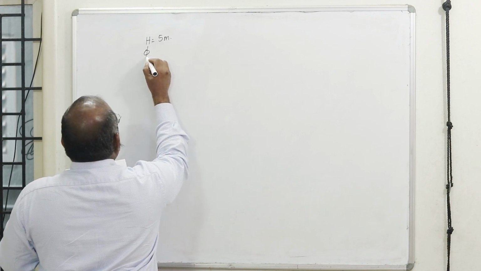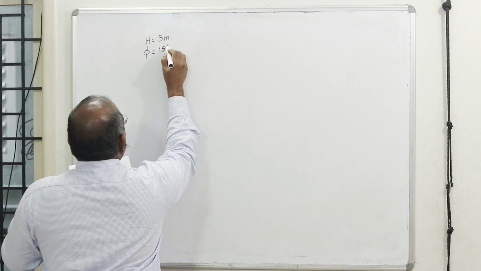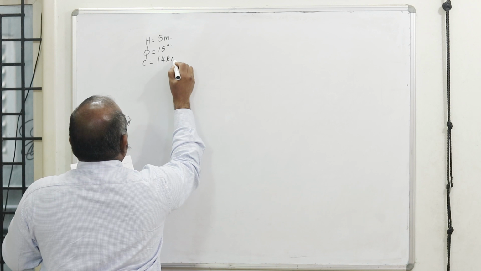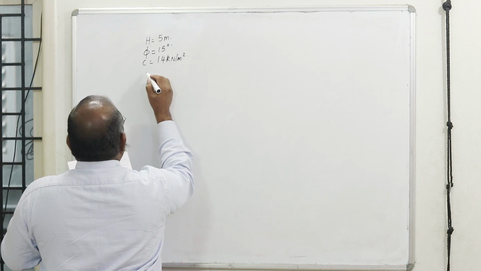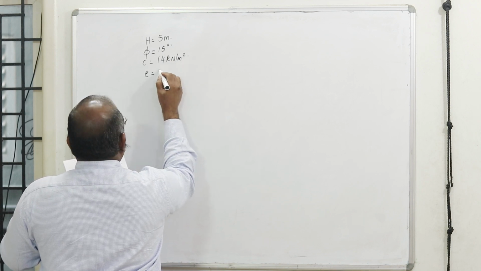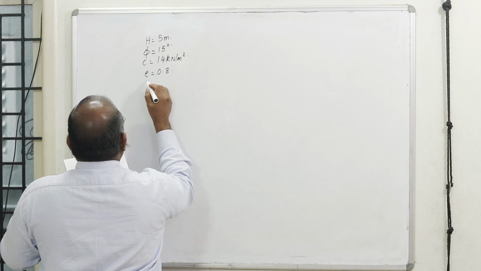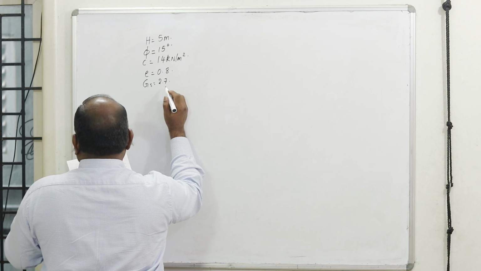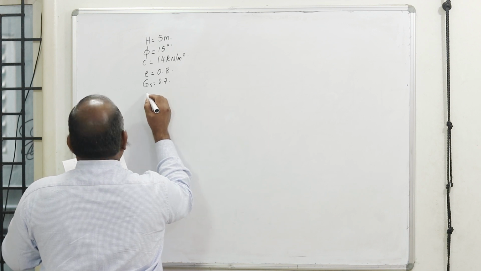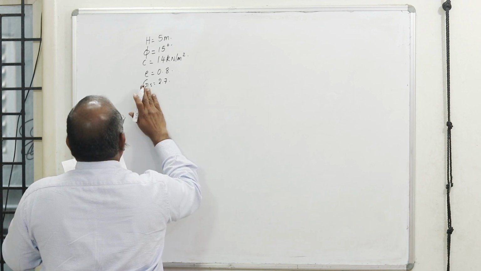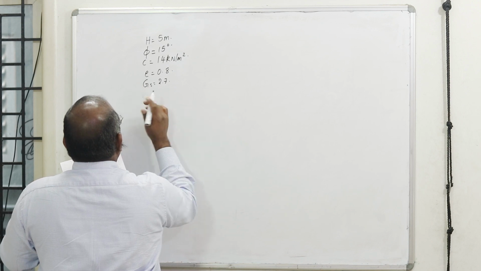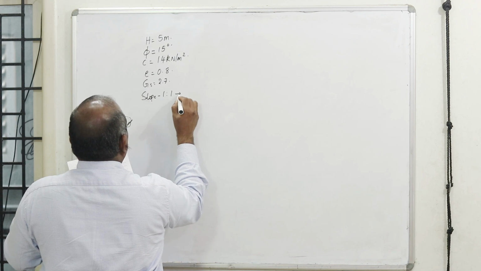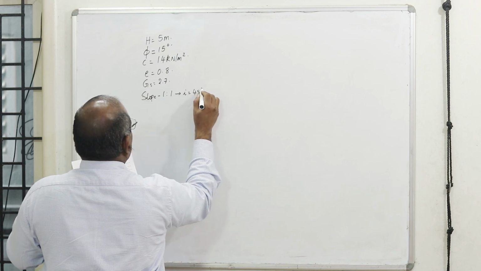The properties are given as phi equal to 15 degrees and C equal to 14 kilonewton per meter square. Then e is equal to 0.8, Gs is equal to 2.7. Then the side slope is given as 1:1. Therefore, i is equal to 45 degrees.